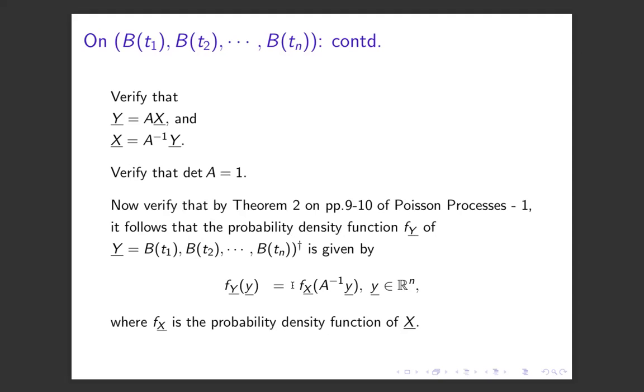Of course, 1 over the mod determinant of A would also occur here, but since that is equal to 1, it doesn't feature. So for any y bar = (y1, y2, ..., yn) belonging to Rn, f sub y bar at little y bar is f sub x bar evaluated at A inverse y bar, where f sub x bar is the probability density function of x bar.